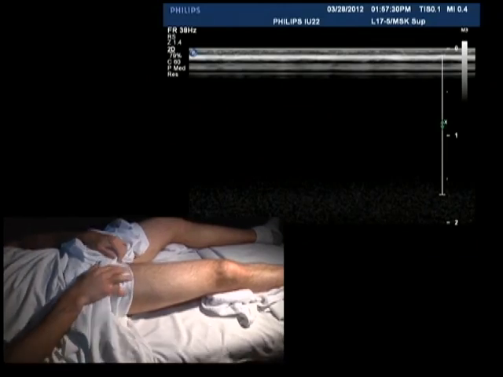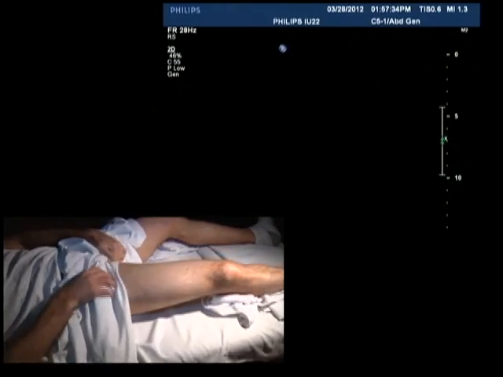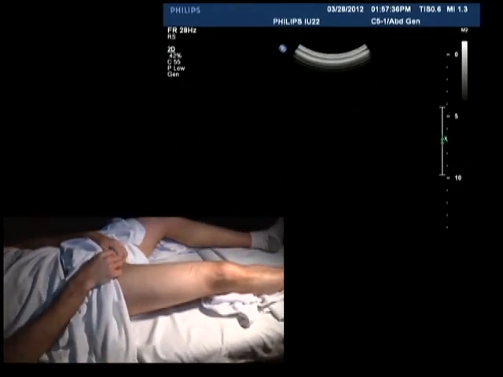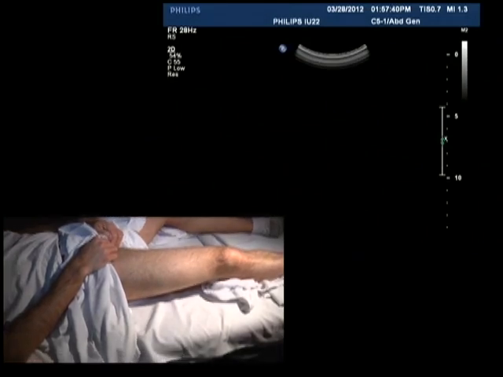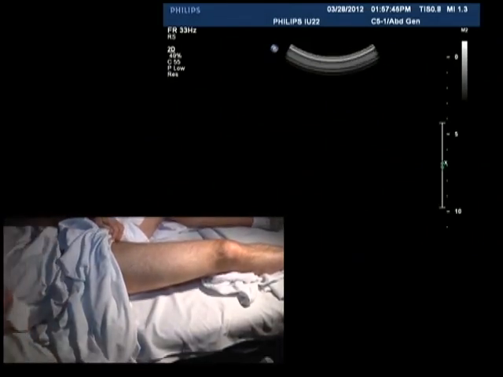So the way I'm going to start here is with the Curve 5 transducer. Again, I'll often start with this just to get adequate tissue penetration to make sure that we see everything we need. And then from there, go on to use a higher frequency, typically the linear 12 megahertz transducer.